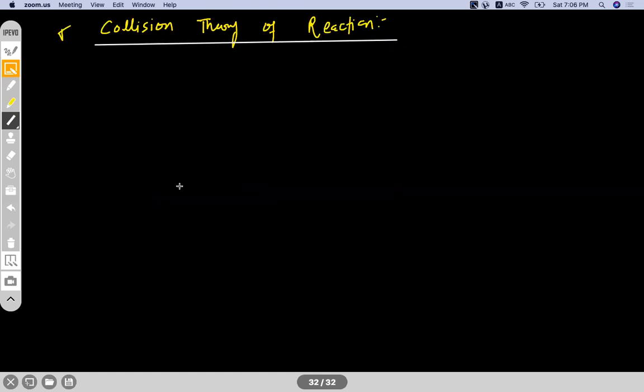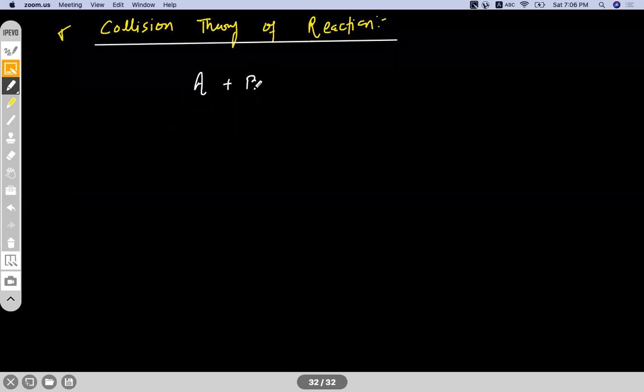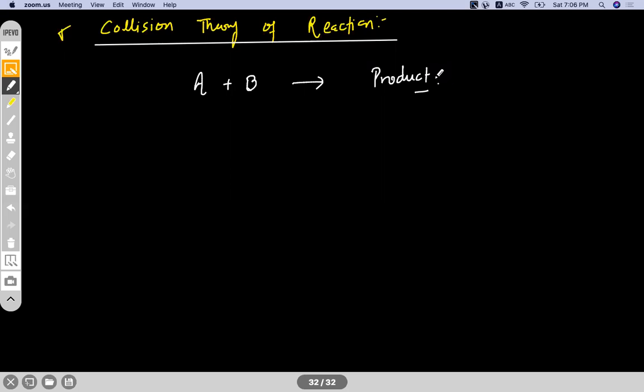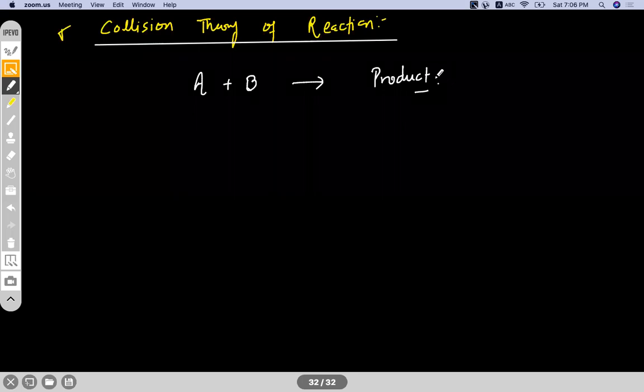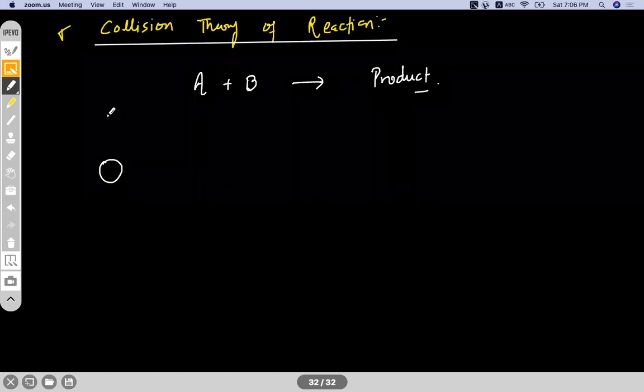Okay. So we know when A and B are reacting together, it forms a product. The barrier that we are talking about is, first of all, when A and B react, there are collisions between A and B molecules.